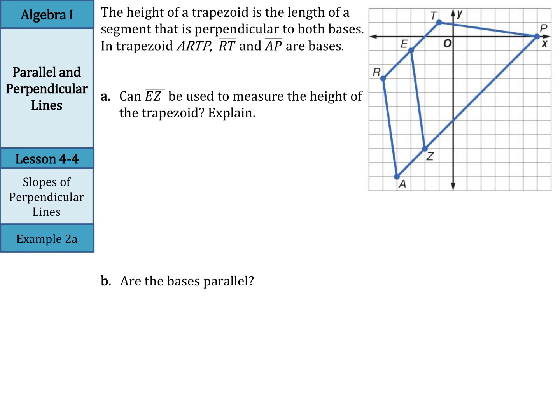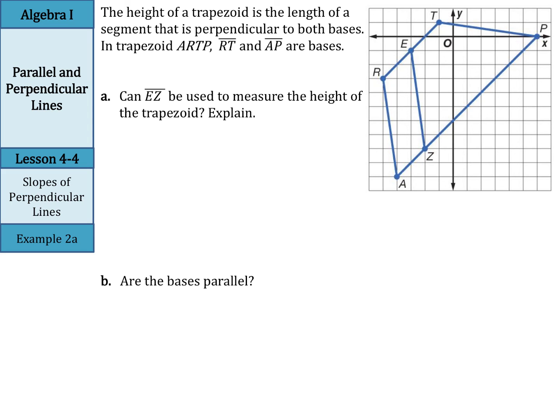Example 2a deals with a trapezoid and the slopes of perpendicular lines, as well as parallel. The height of a trapezoid is the length of the segment that is perpendicular to both bases. In trapezoid ARTP, line segment RT and line segment AP are bases. Can line segment EZ be used to measure the height of the trapezoid?